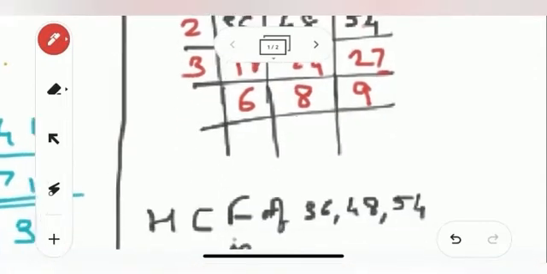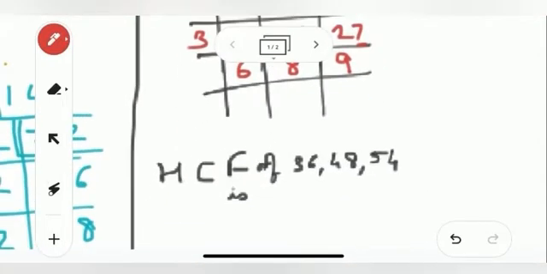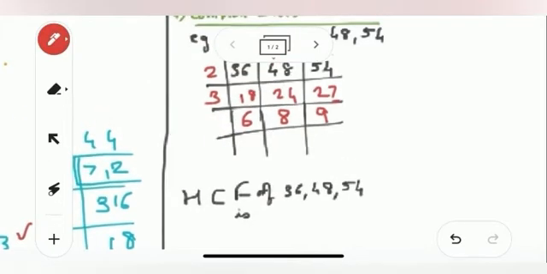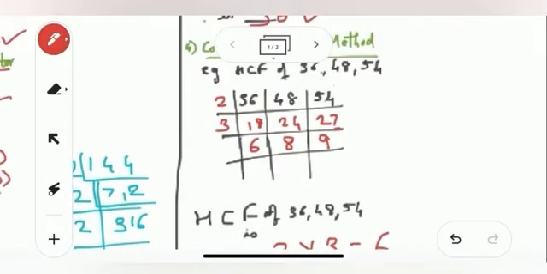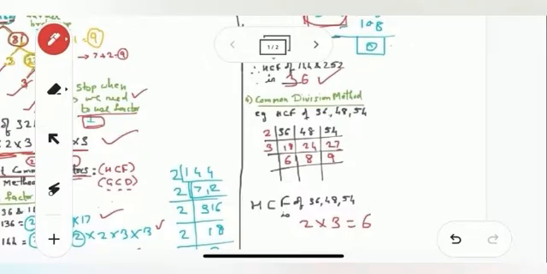So how will you find the HCF of this now? The HCF of this is 2 into 3, that is 6. So this way you will find the HCF with the common division method.